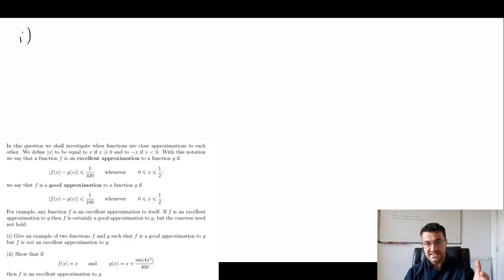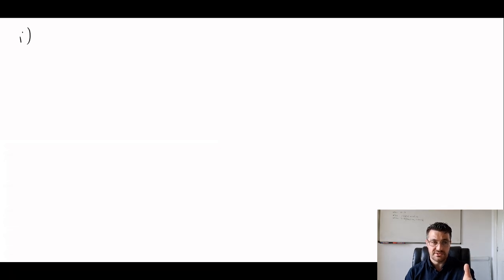Really, all that's being tested here is that you grasp the definitions. That's what you're being expected to show, that you have a sufficient grasp of these two definitions. So there is no need to make things any more complicated than they need to be. Choose simple functions and you can't go wrong.